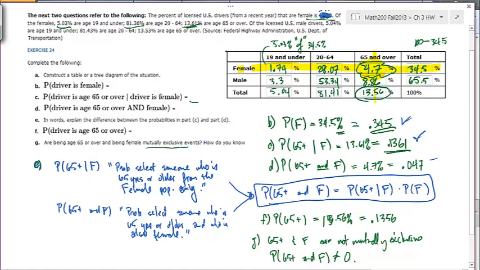The fact that it's not 0 means there's somebody that's both 65 and over and female at the same time, so it's not mutually exclusive.